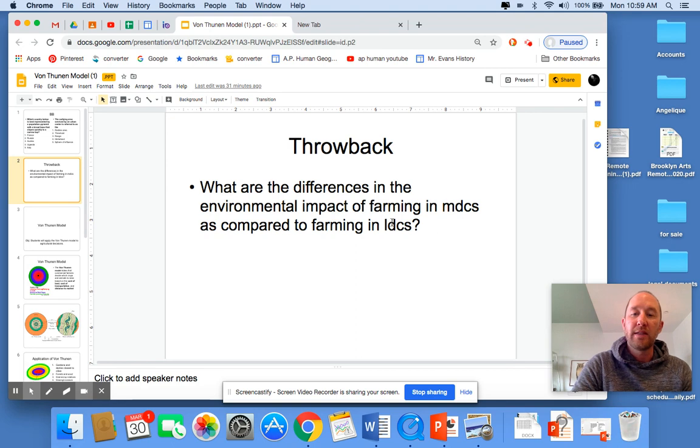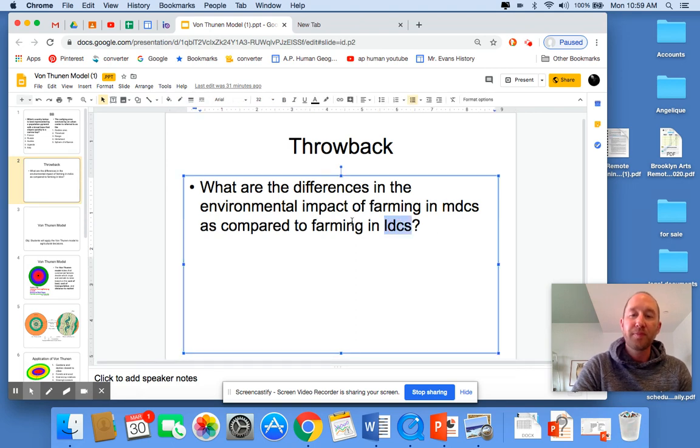Now, LDCs is a little bit more complicated because it kind of depends on what type of farming you're doing. If people are doing subsistence farming, oftentimes there's very little environmental impact because they're small farms and they don't have a lot of technology that pollutes. If, however, they're doing slash and burn or shifting cultivation, that has a huge impact because those people are cutting down the rainforests.